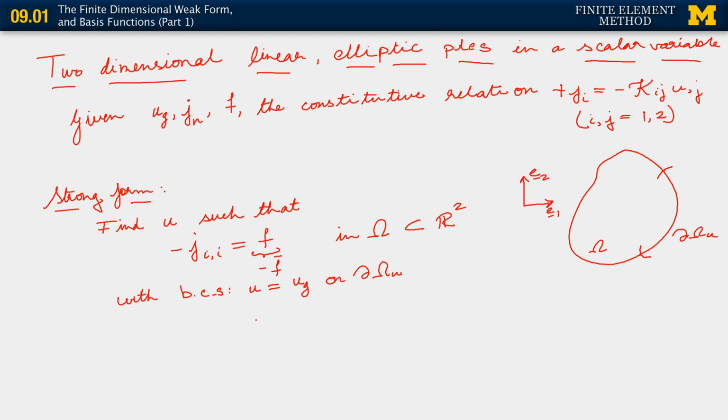And minus J_i n_i, I'm doing this all with coordinate notation, equals J sub n for the influx condition on the Neumann boundary.